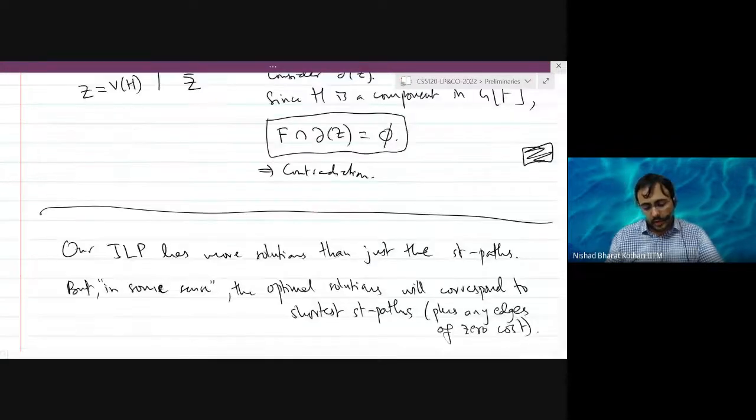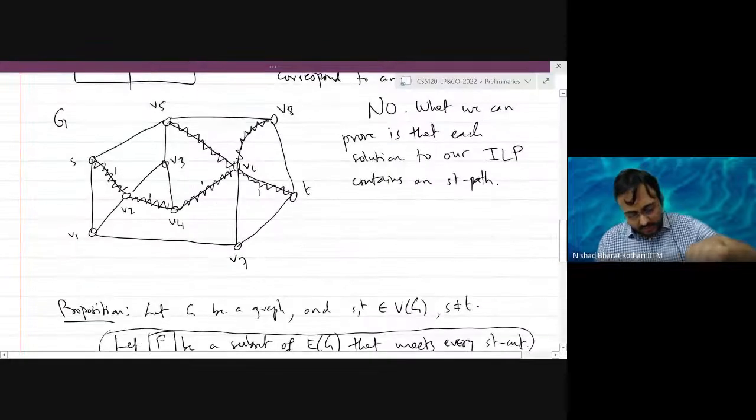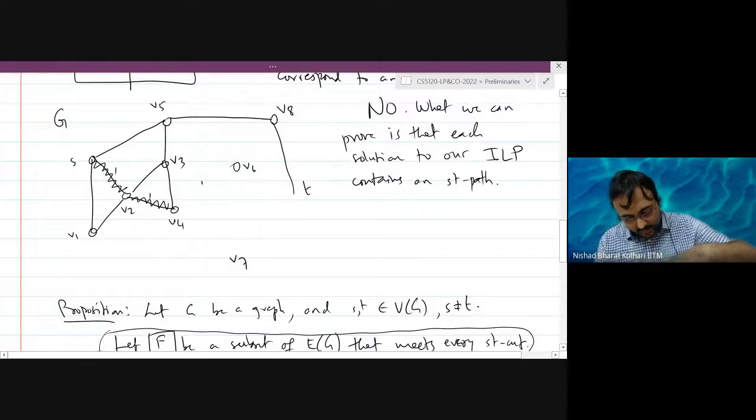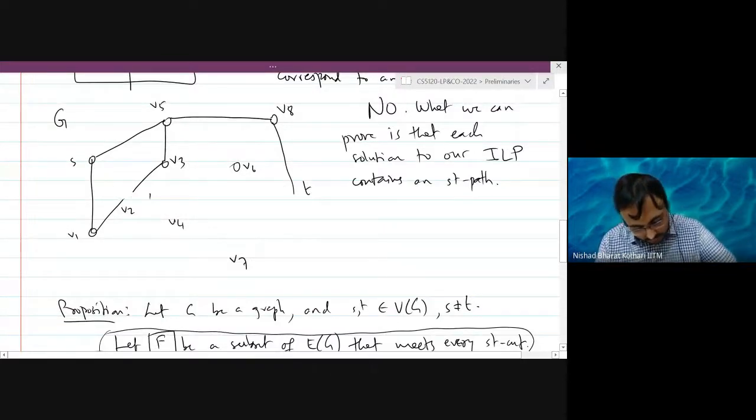Okay, so one thing I would like you all to try as an example is to find the shortest paths in this example. I'm going to put cost on all the edges. So let's see.